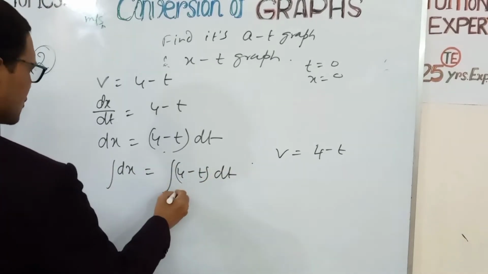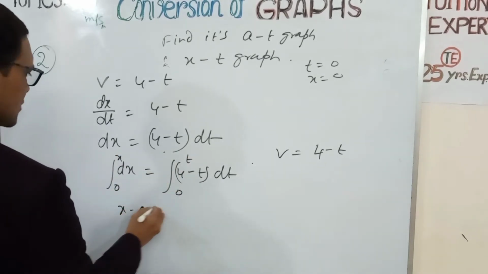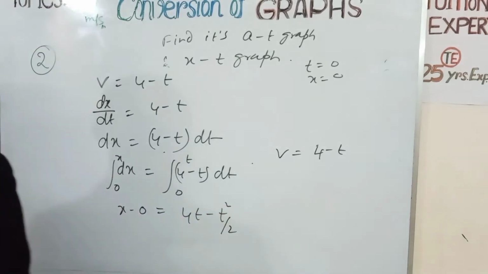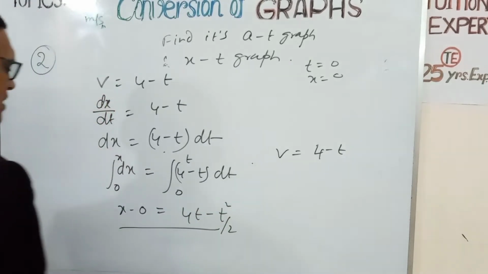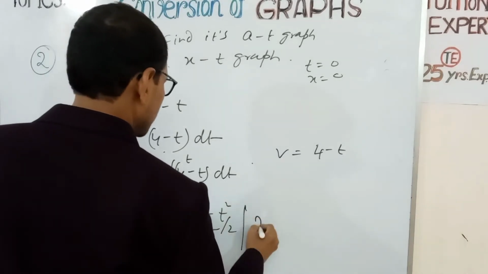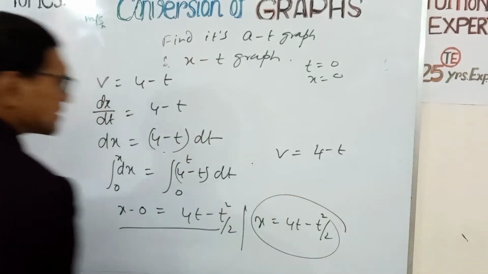Integrate: at t equal to 0, x equal to 0, so x minus 0 equals 4t minus t square by 2. So x equal to 4t minus t square by 2, this is the equation.